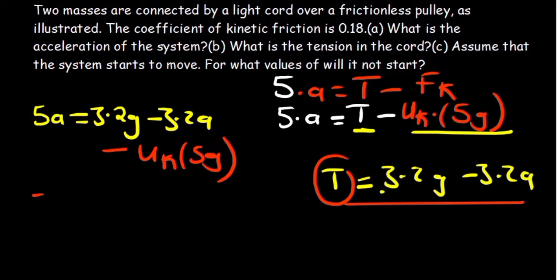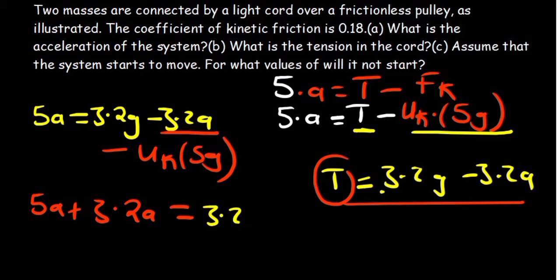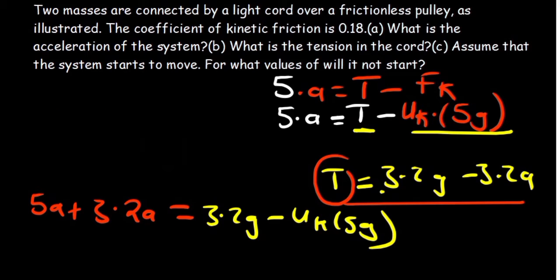We have 5a, and this 3.2a can go to the other side to be plus 3.2a, equal to 3.2g minus mu k 5g. That is our equation. So 5 plus 3.2 is 8.2. So I have 8.2a is equal to 3.2g, where g is 9.8.